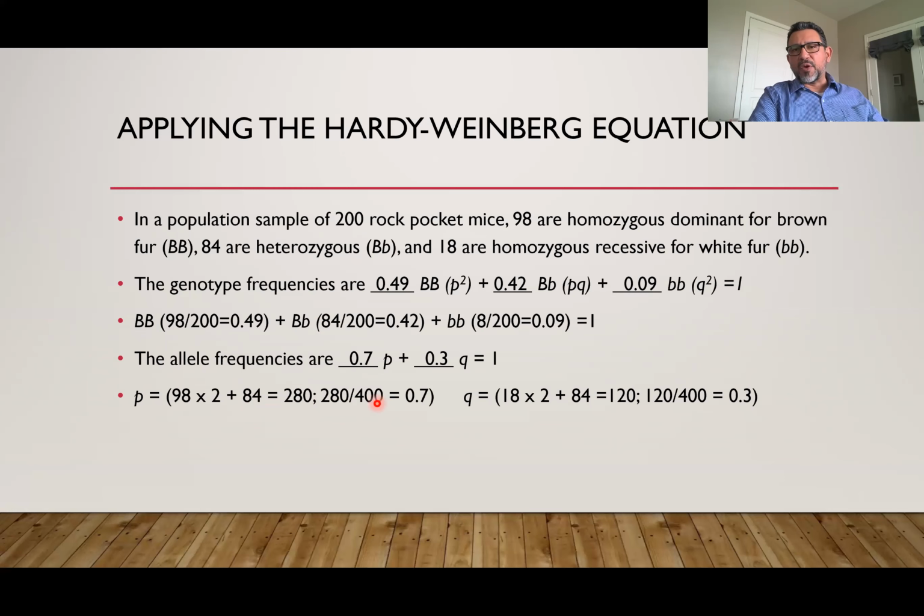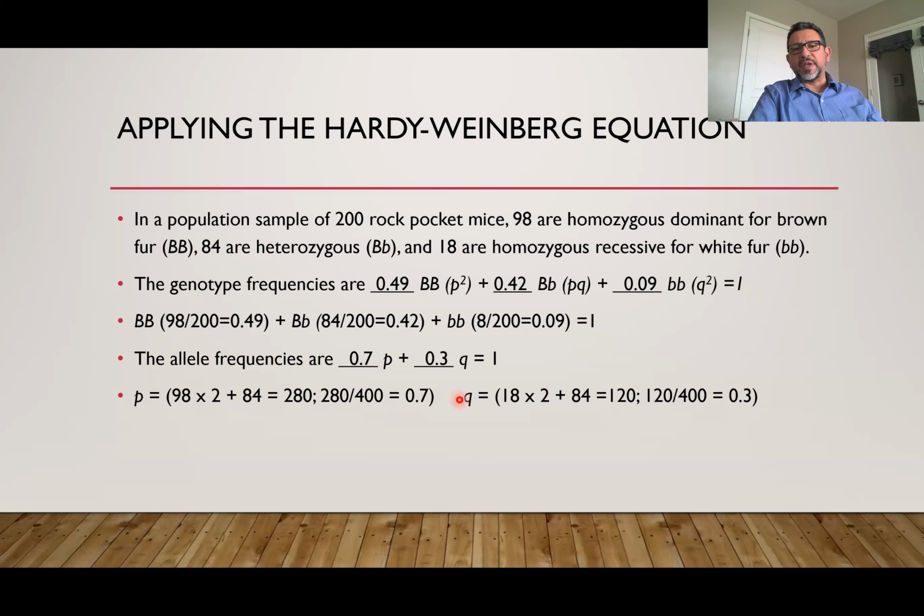Because we have a total of 400 alleles. We have 200 mice, and each mouse has 2 alleles for fur color. So if I ask how many total alleles we are dealing with in this study of fur color in mice: 200 mice, each with 2 alleles, 200 times 2 equals 400 alleles.